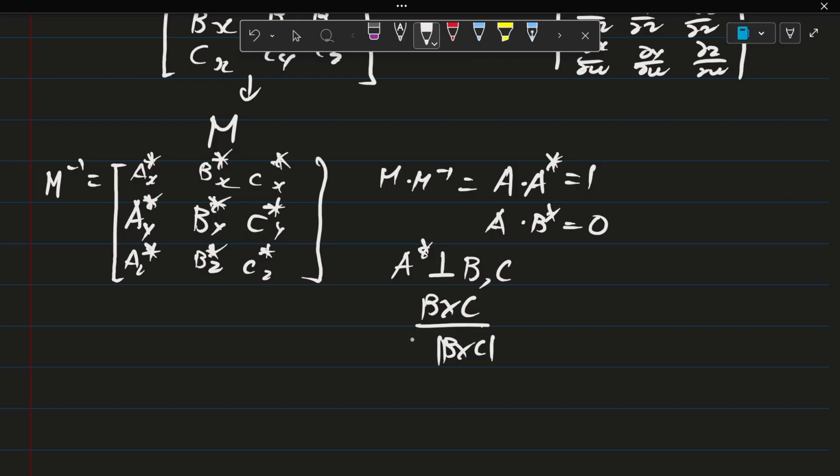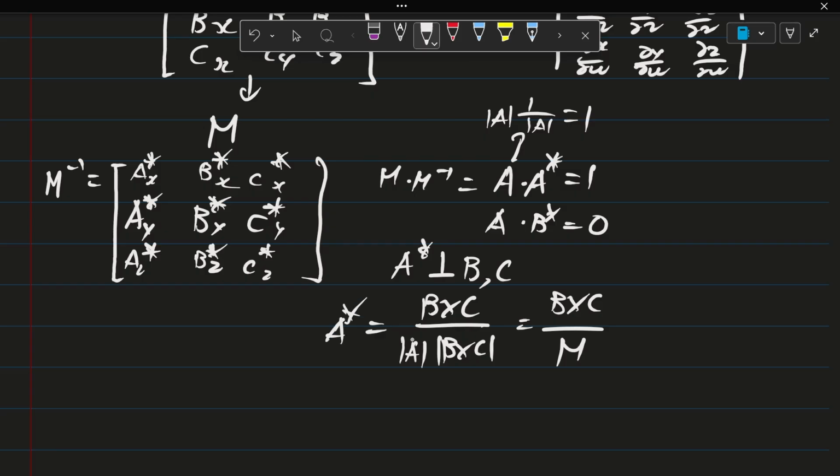If we take the determinant here, the determinant of A must be multiplied with 1 over the determinant of A to equal 1, right? So this must be multiplied again by the determinant of A here. So it turns out that this becomes B cross C over M. And this is what we call the reciprocal vector.